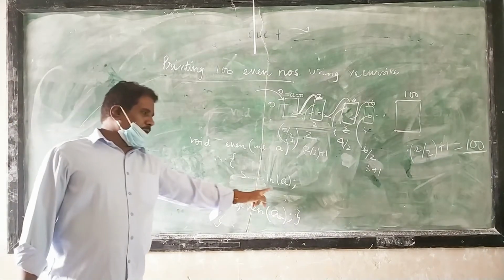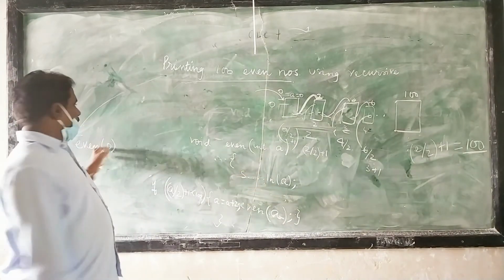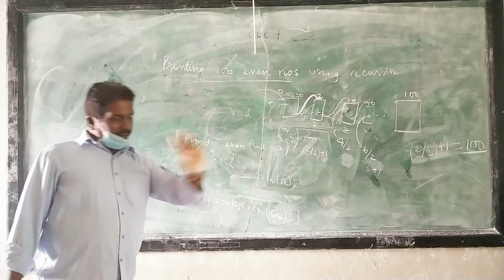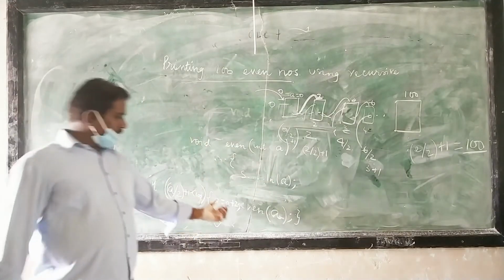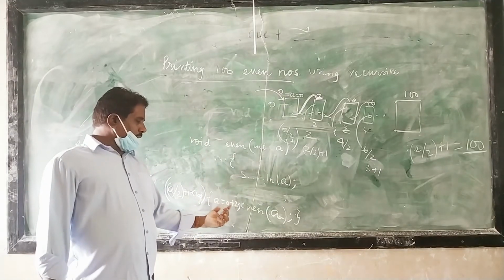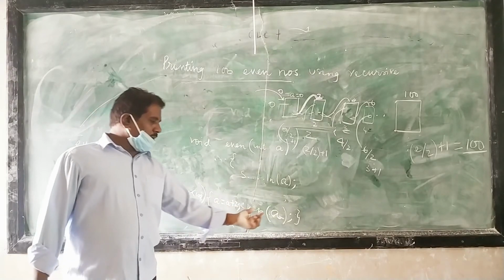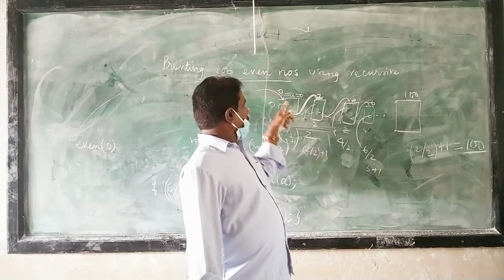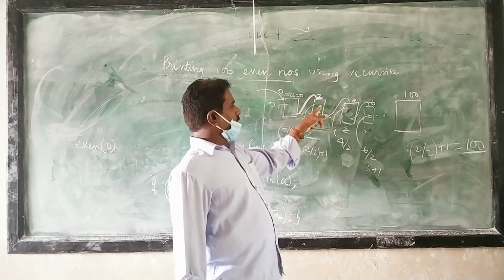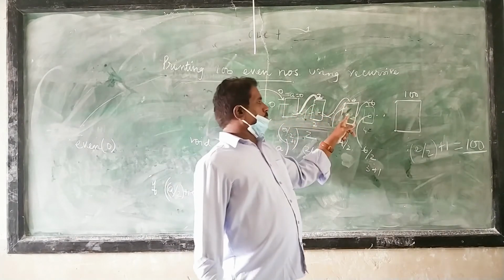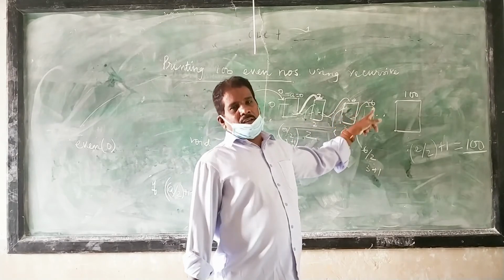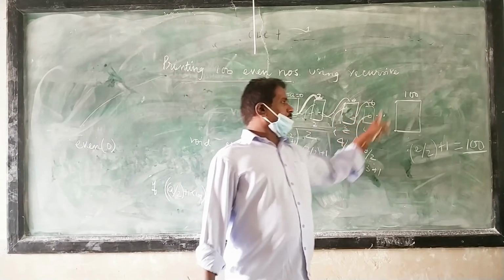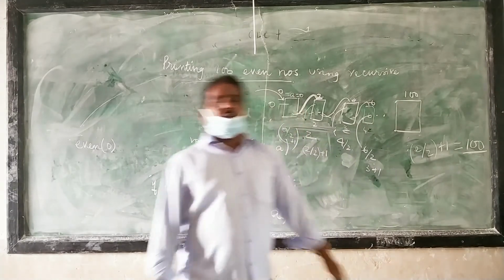System.out.print of E: whatever number we pass, that number we print. Then we generate the next number, A equal to A plus 2, and pass that value. 0 plus 2, 2, passing the value. 2 plus 2, 4. 4 plus 2, 6. 6 plus 2, 8, and so on.